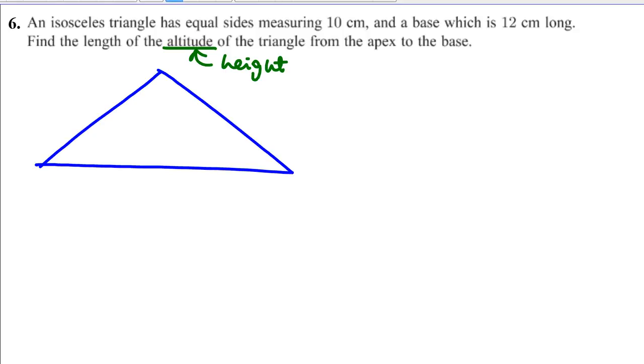An isosceles triangle is a triangle whereby you have two sides being equal. So each of these is 10 centimeters. So that will be 10 centimeters and 10 centimeters. Now the height of this triangle, if I drop the height from the apex, this is what we call the apex.